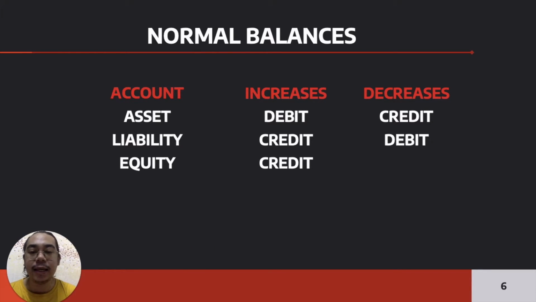So, kailan nag-i-increase yung equity? Siyempre, kapag nag-invest ng bago ang mga owner. Kailan naman nababawasan? Nababawasan to kapag nagwi-withdraw sila or kapag nagbabayad ng dividends. So, every time na decrease ang equity, ide-debit natin siya.